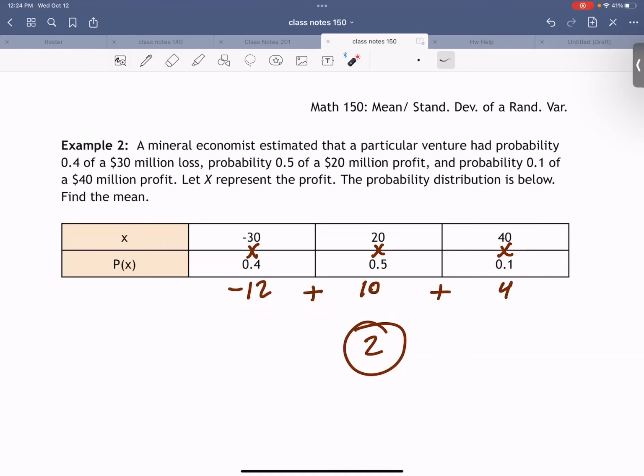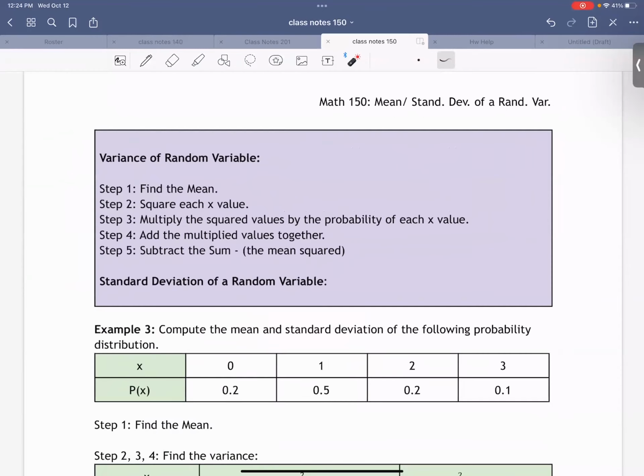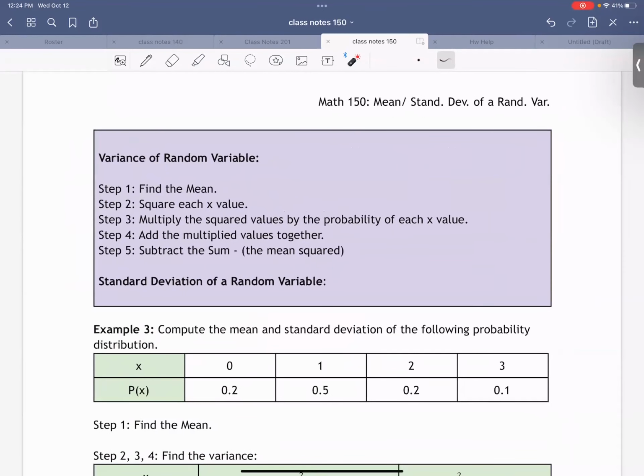All right, I think we're all experts on finding the mean of a random variable. Guess we have to go a little bit harder and get the standard deviation. I know it's a little bit of a stretch from last time. Finding the standard deviation of a random variable is a little different than finding the mean, mainly because we don't just have a group of numbers now, we have their numbers and their probabilities to take into account.